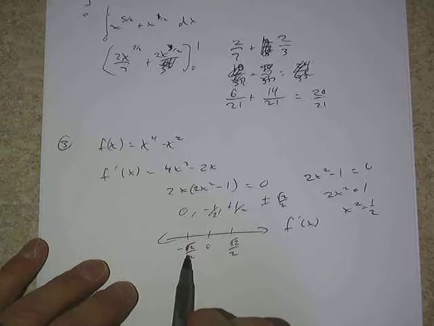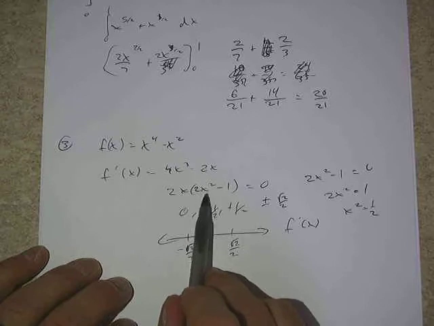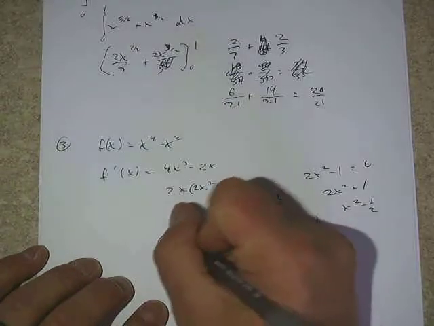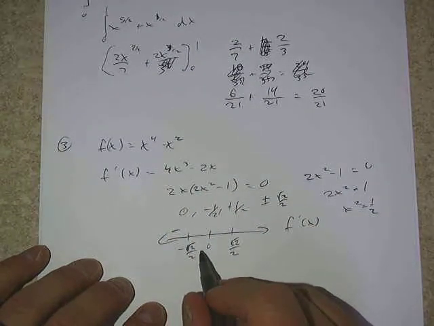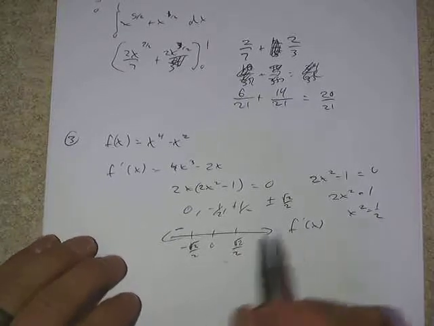Alright, now that we did that, let's go ahead and do our testing. If we test something less than this, like say -3 for instance, we'd have a negative here, a positive here, so that would be negative.